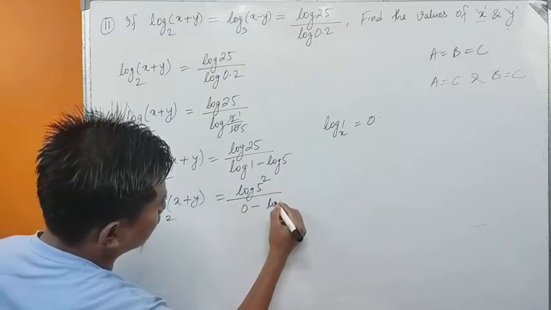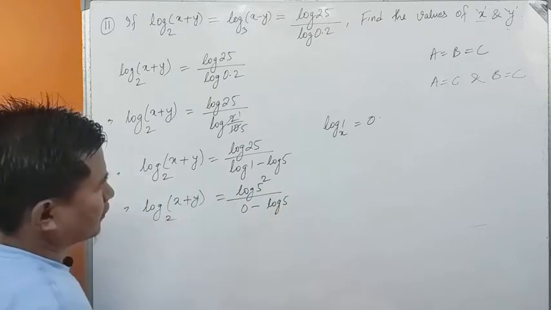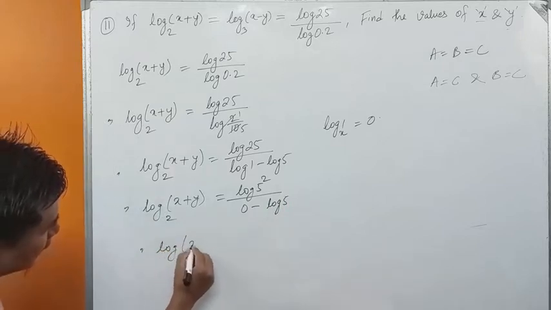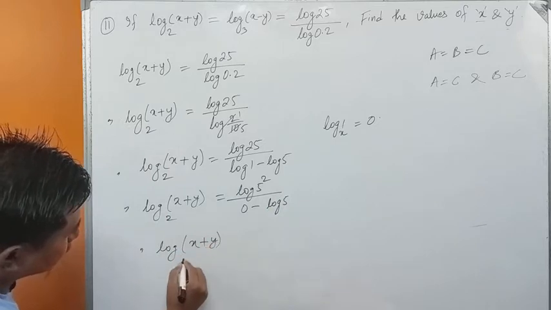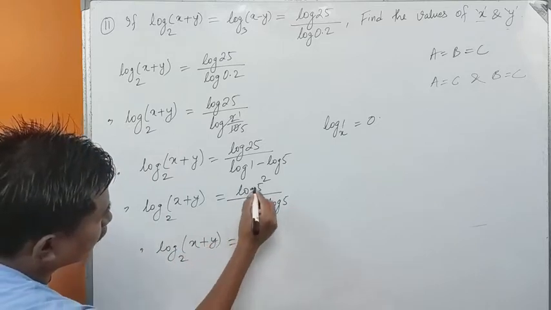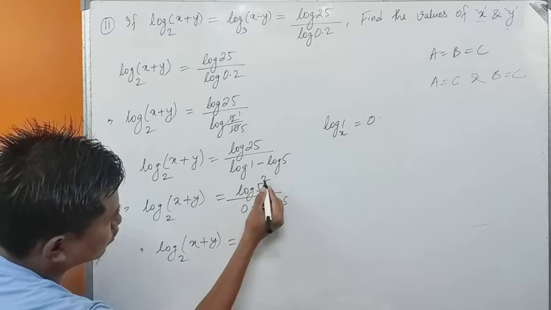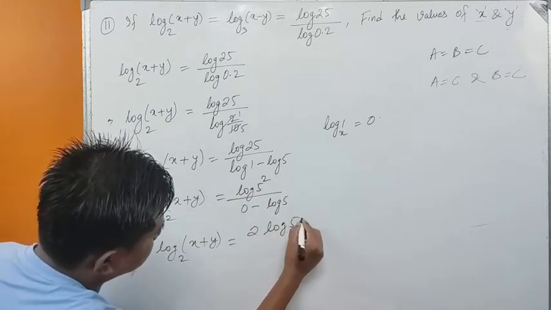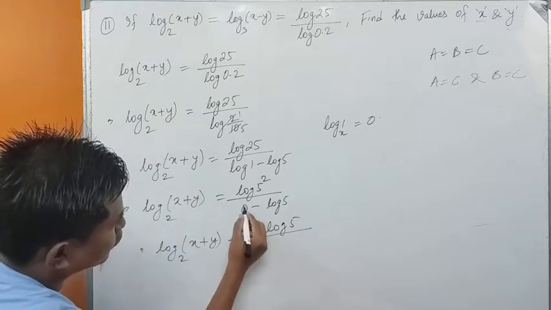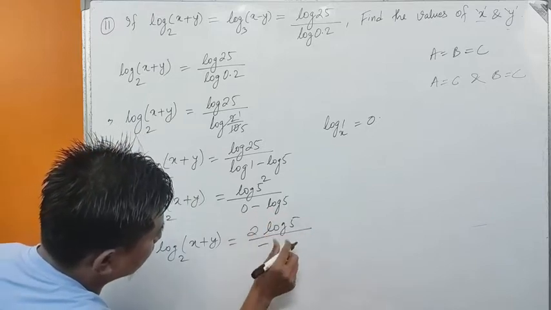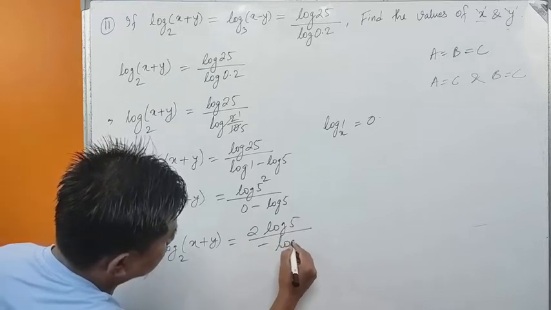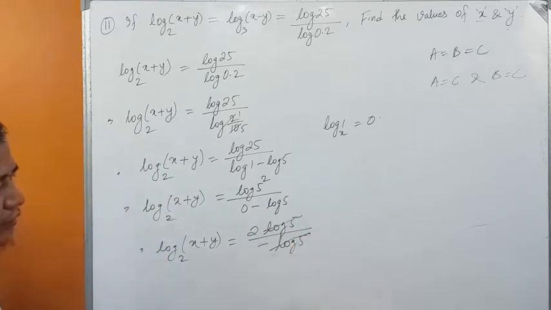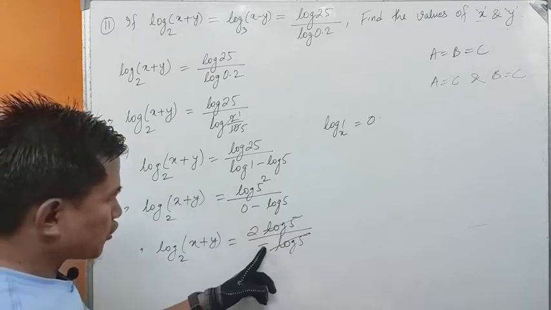So log (x plus y) to the base 2 equals, the 2 comes in front, 2 log 5 upon 0 minus log 5, which is minus log 5. We can cancel log 5 from the numerator and denominator. We have minus 1 in the denominator.